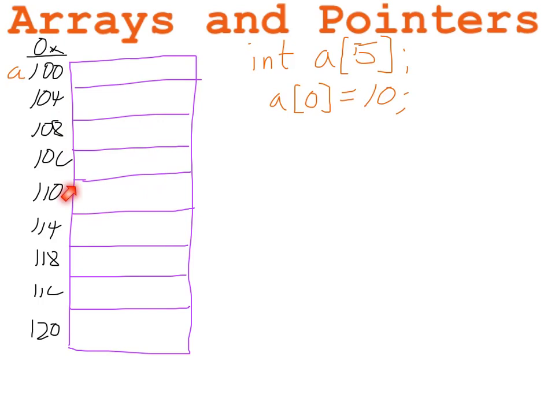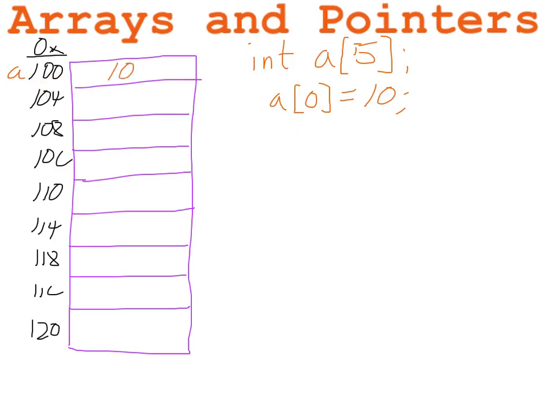Now, if we wanted to set position 0 equal to 10, this says go to the address of A, which is 100, and increment 0 times the size of an element in bytes. An integer is 4 bytes, but it doesn't even matter because we want to increment 0 this time. So we're going to go to address 100 plus 0 times 4, which is still 100, and we're going to set that location equal to 10.